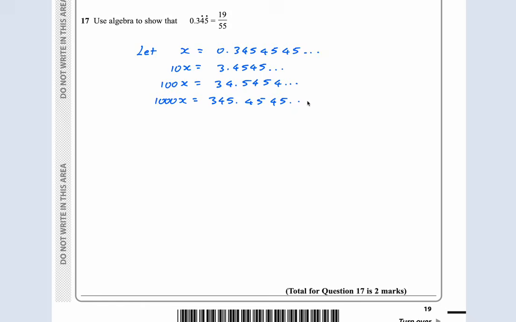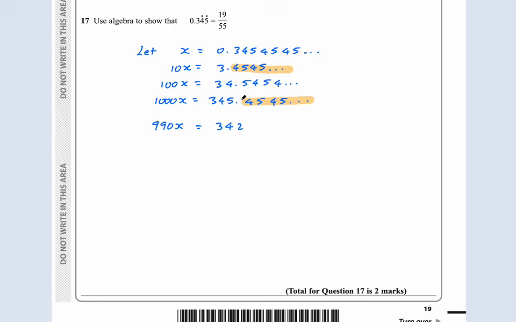And then finally, hopefully this will be it, I get 345.4545 dot dot dot. Now look guys, these decimal places and these decimal places are the same. So I'm going to do this minus this. I'm going to do 1000x minus 10x is 990x. You do this minus this, and then you do this minus this. And the reason you do that is that the decimals all disappear.